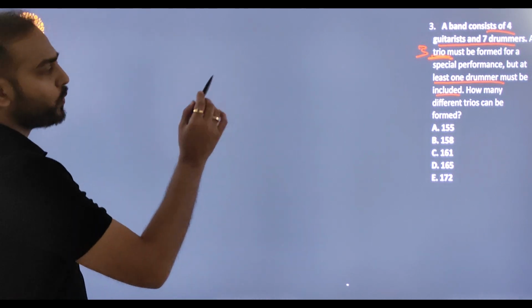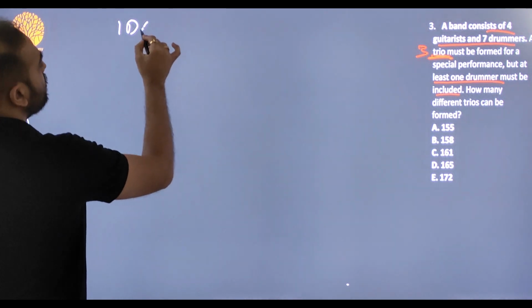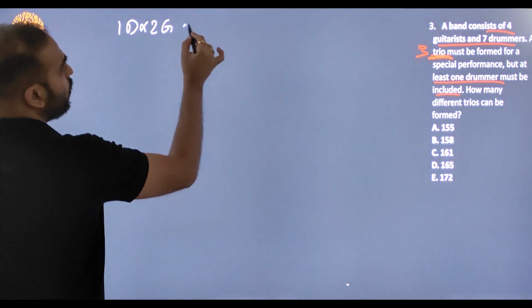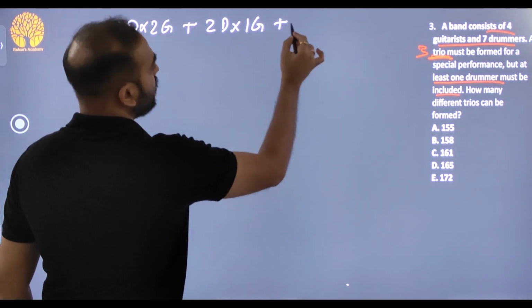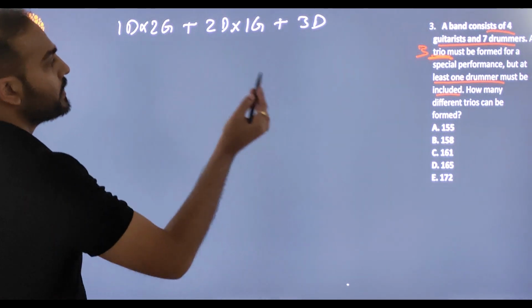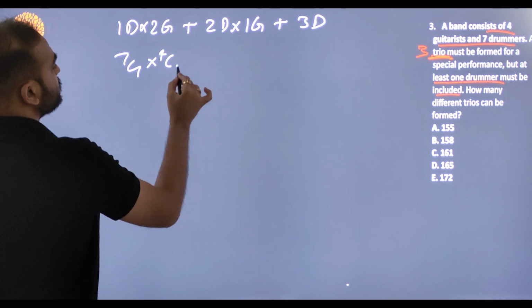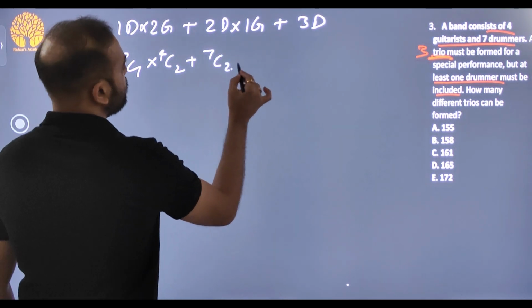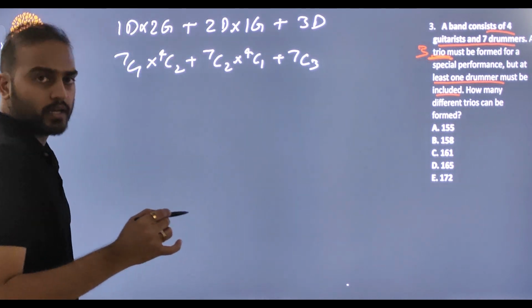We can pick one drummer and two guitarists, or two drummers and one guitarist, or three drummers. We need at least one drummer. That then becomes 7C1 times 4C2 plus 7C2 times 4C1 plus 7C3.